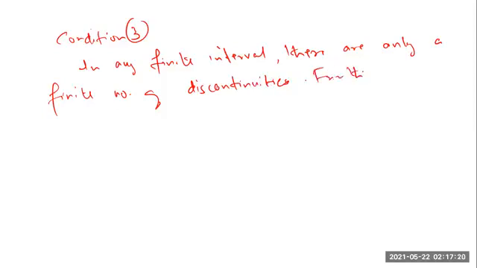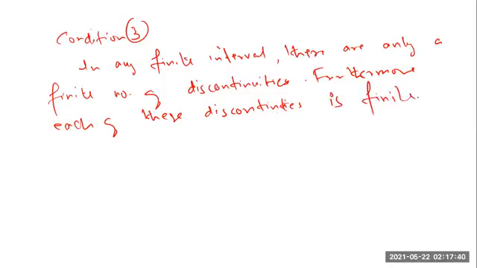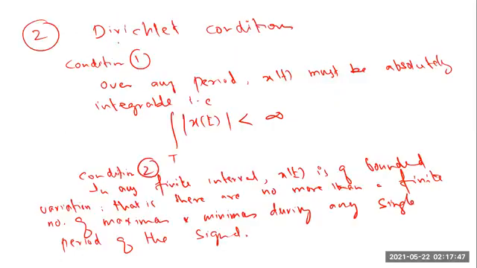Furthermore, each of these discontinuities is finite. So these are the three conditions which were proposed by Dirichlet. And any periodic signal, if it has a Fourier series representation, must satisfy all of these three conditions.